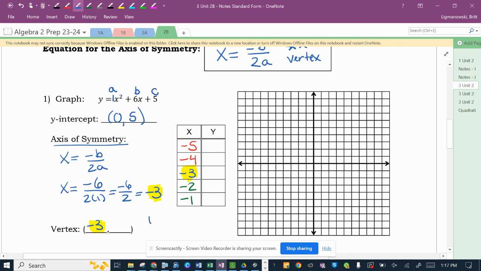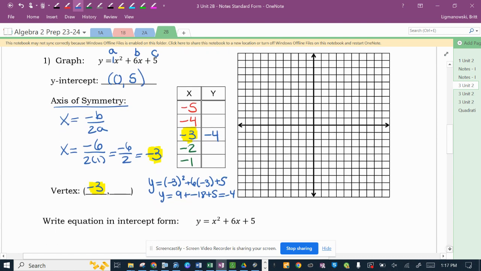So let's say I want to find the vertex first. So everywhere where I see an x, I'm going to plug in a negative 3. I'm going to put negative 4. I'm going to do the same thing for my numbers above. Plug in negative 4. And we can type that in a calculator. We'll get negative 3.